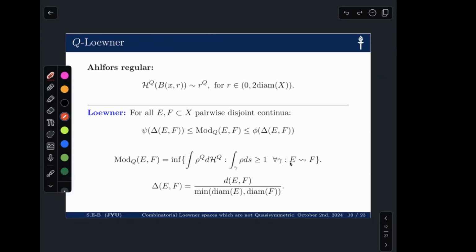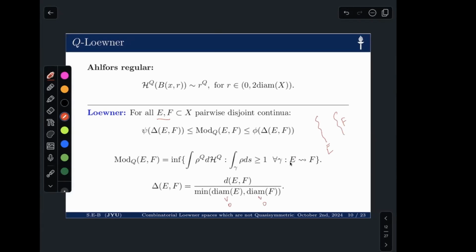So let's parse this a little bit. This is a condition for all pairs of continua E and F. So E and F are connected compact sets that are non-degenerate, so the diameters are positive.